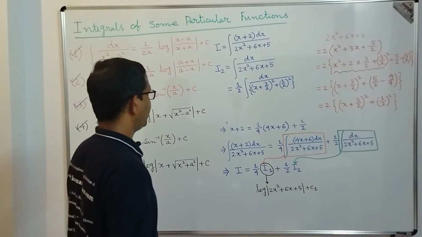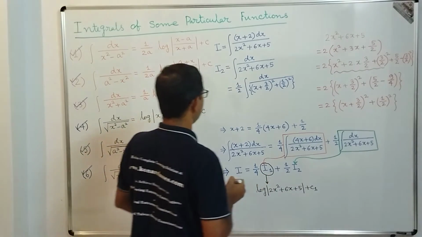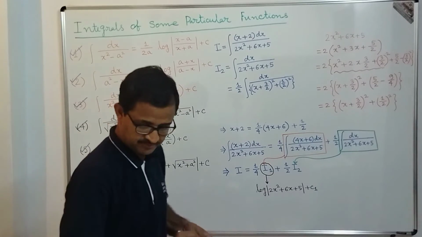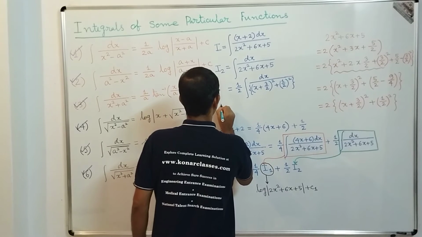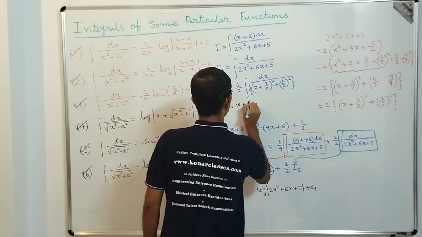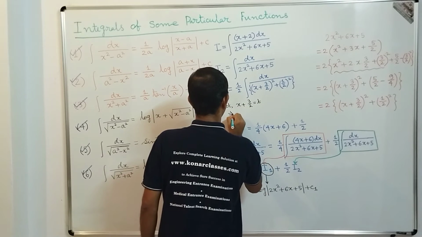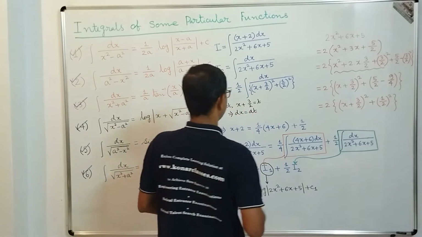So now what we can do? We can assume that x plus 3 by 2 is equal to t. Let's take that x plus 3 by 2 equal to t. Now if we take that, let x plus 3 by 2 is equal to t, that implies what? That implies dx is equal to dt.